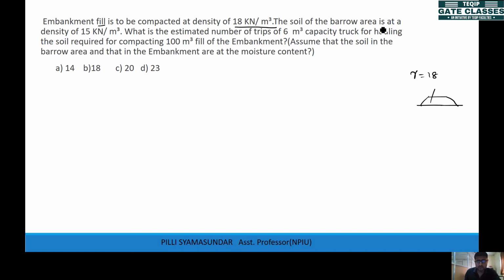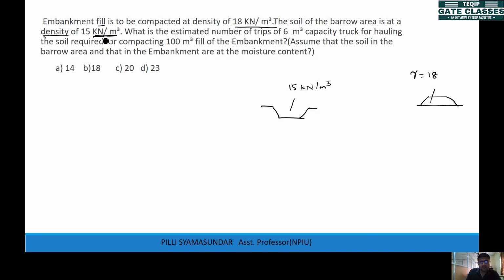So the soil of the borrow area is at a density of 15 kilonewton per meter cube. So the borrow pit will be somewhere here, while you're excavating the soil. I think somewhere the question is wrong because it says density, but here it is given in kilonewtons.